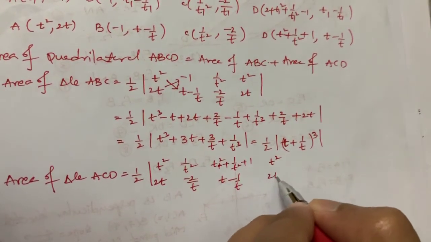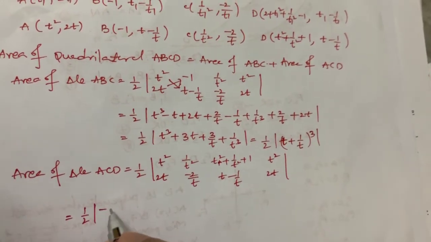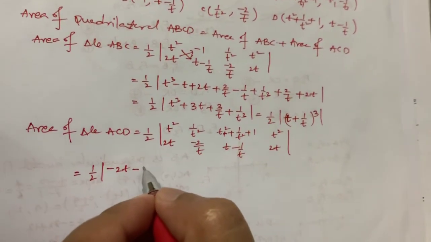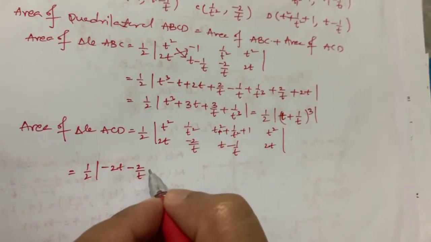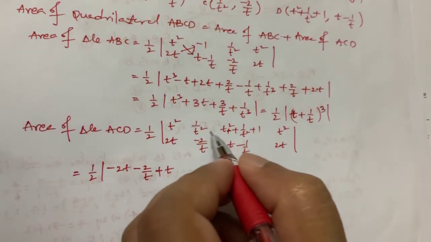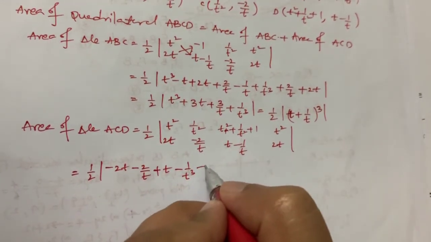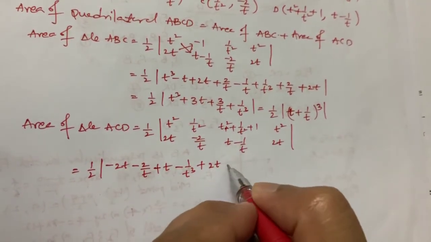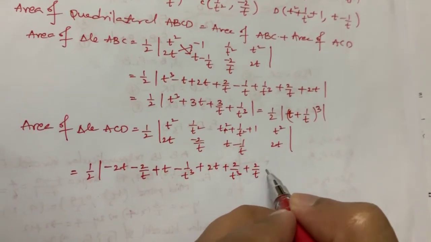So this is half: minus 2t, minus 2 by t, next minus t, sorry, plus t, minus 1 by t cube, plus 2t, plus 2 by t cube, plus 2 by t.